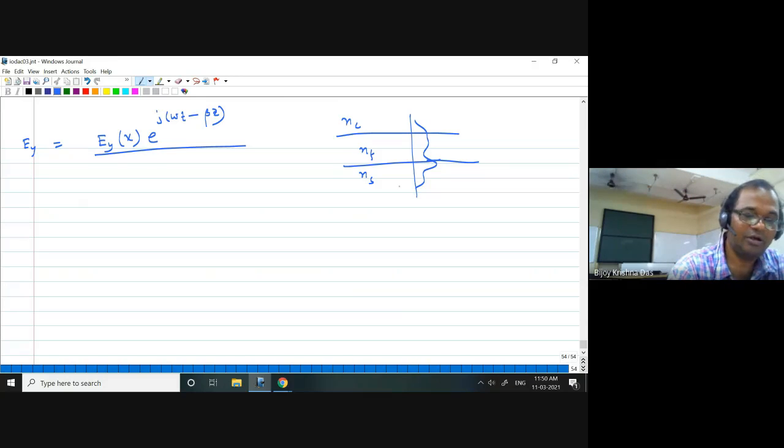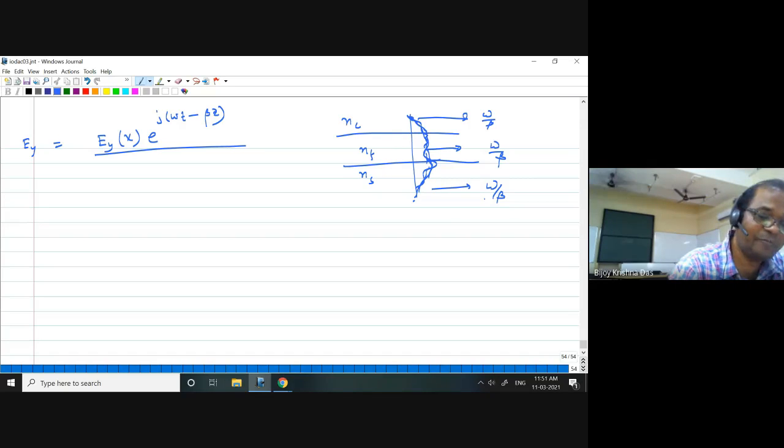But whatever this solution, if it is coming out as a mode, the entire shape of the solution will be propagating with the same phase velocity. Otherwise, that cannot be a mode. That means if I consider the phase velocity is omega by beta, this part also will travel with omega by beta, and this part also.